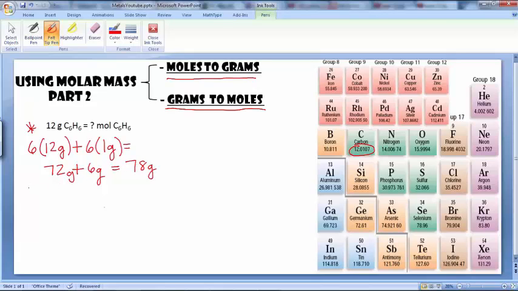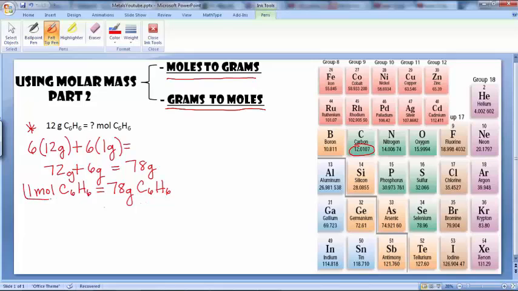So now we can write 1 mole of C6H6 is equal to 78 grams of C6H6.